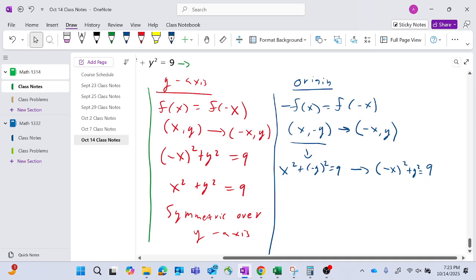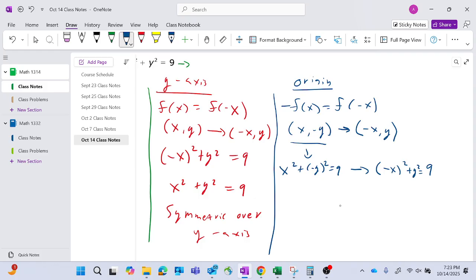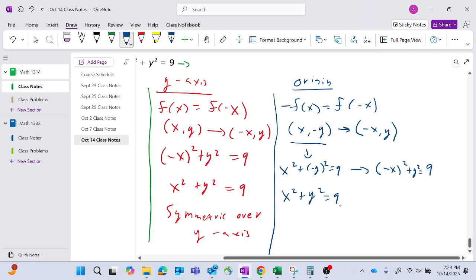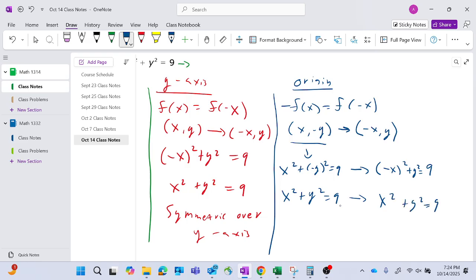Everyone with me here? Because x squared plus y squared equals 9 is not really a function. It's not a function at all. You have to use a different definition which means the same thing. You still solve the same way we did before. You still have those nice definitions of f of negative x equals f of x or whatever it's going to be. So in this case, negative y squared is still y squared, and negative x all squared is x squared, plus y squared equals 9.